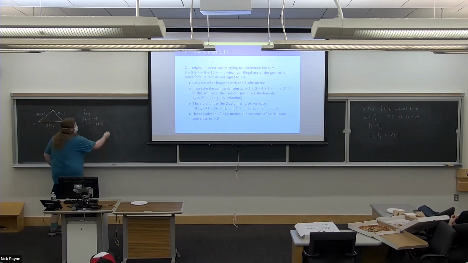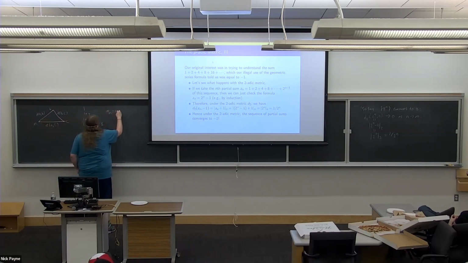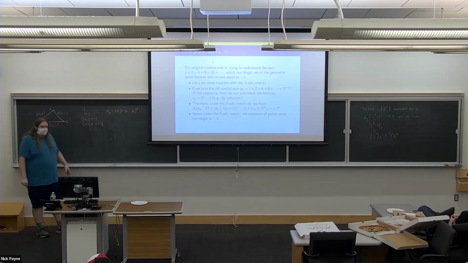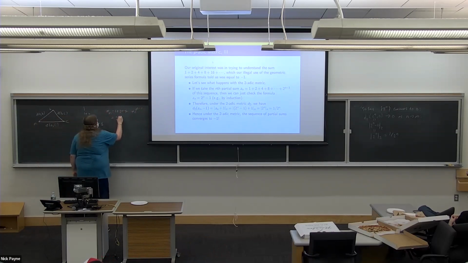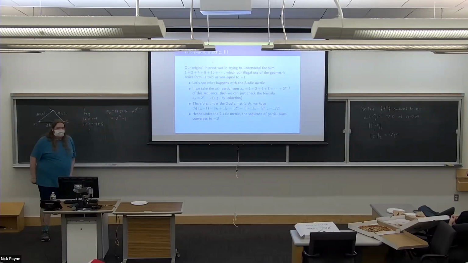So let's say a_n is 1 plus 2 plus 4 up to 2 to the n minus 1, for convenience. All right, so then you have to figure out what this sum is, which is not very hard, because it's 2 to the n minus 1.